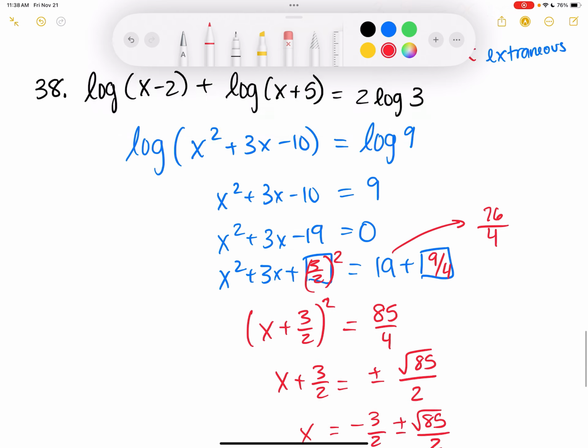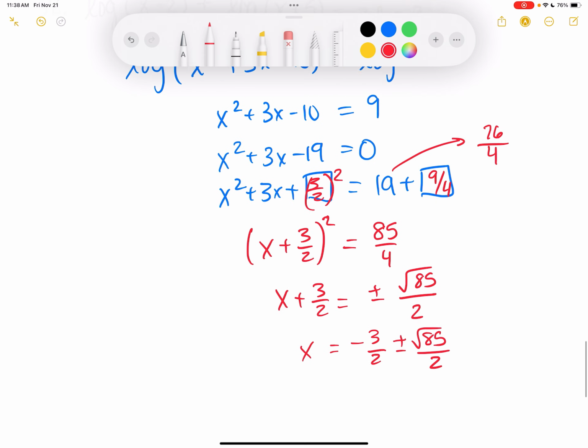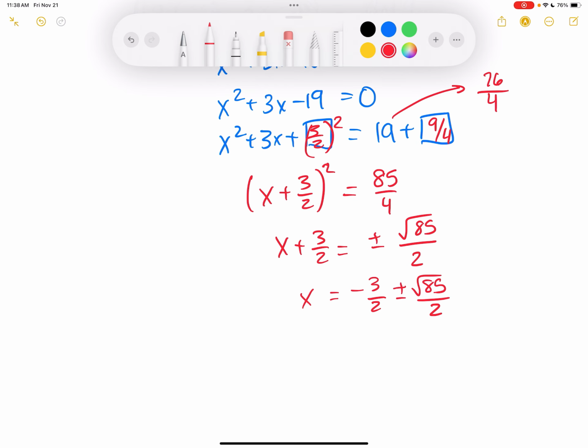Now, again, because I can't end up with a negative inside of my log, I need to check these values and see if they might both work. They might not. We just have to see.